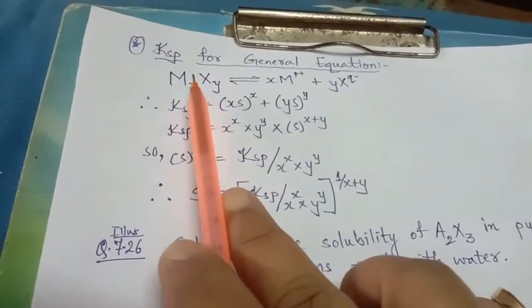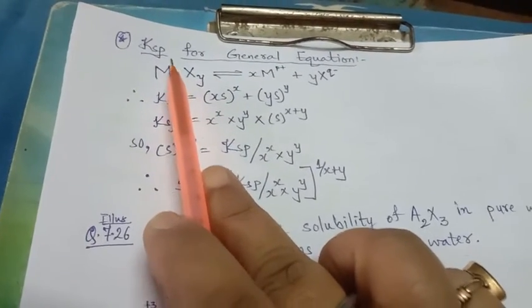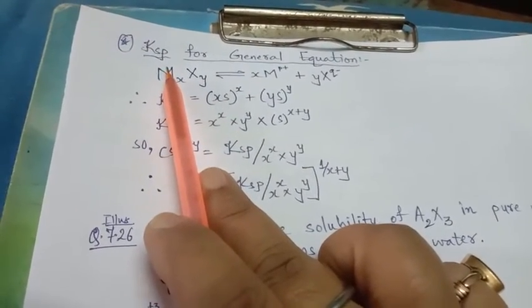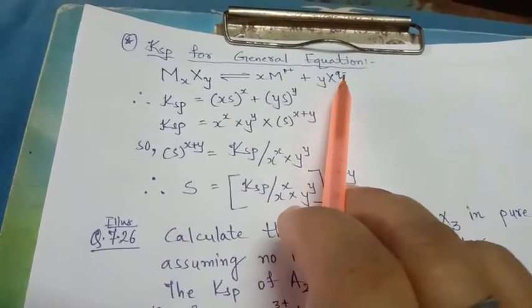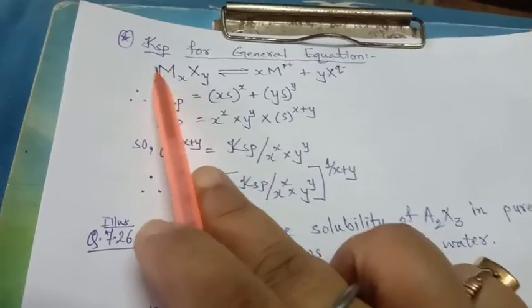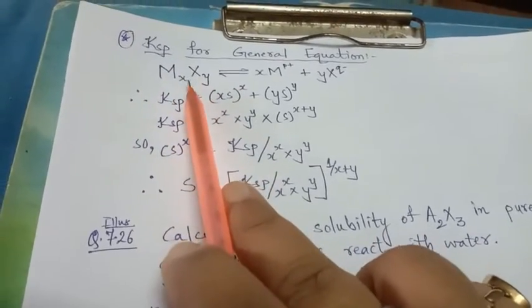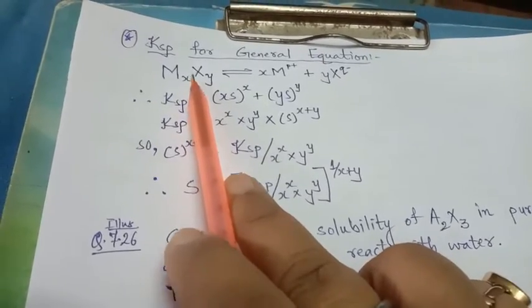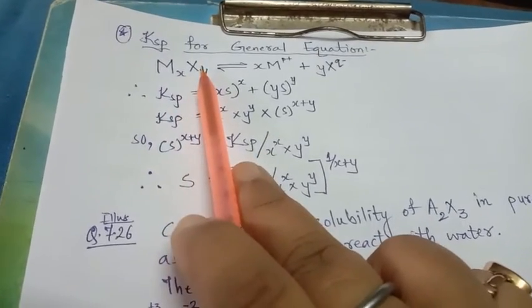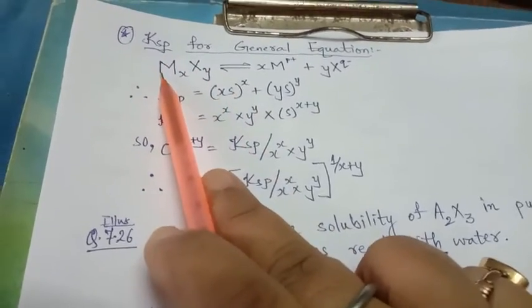Now, from these examples, we can give one solubility product constant for the general equation, that is MxXy. M is one of the metallic substances having the valency of the negative ion, and X the non-metallic substance having the valency of the metallic ion.